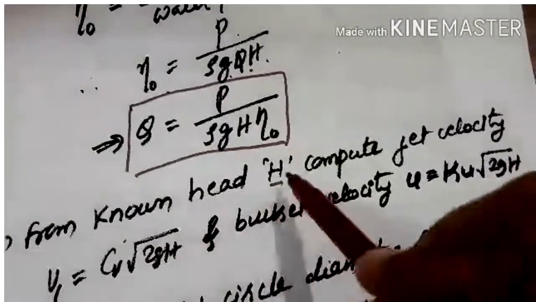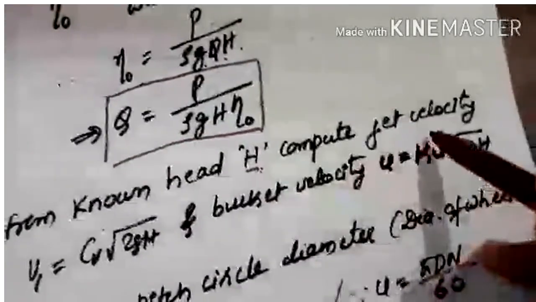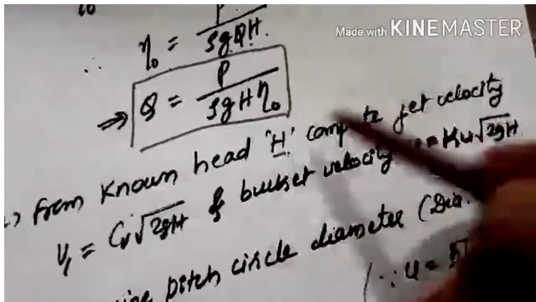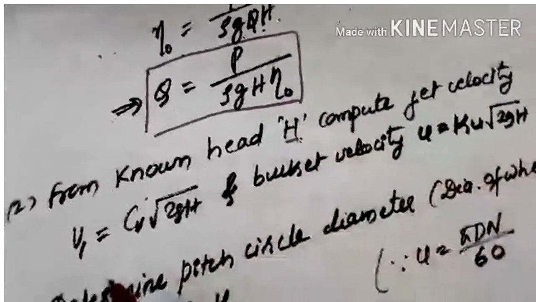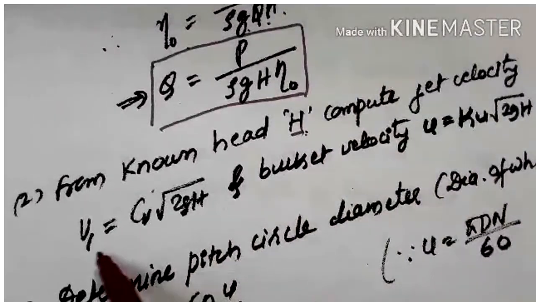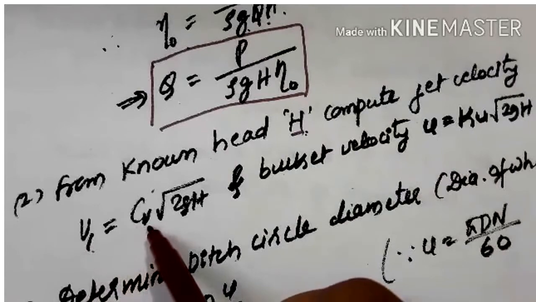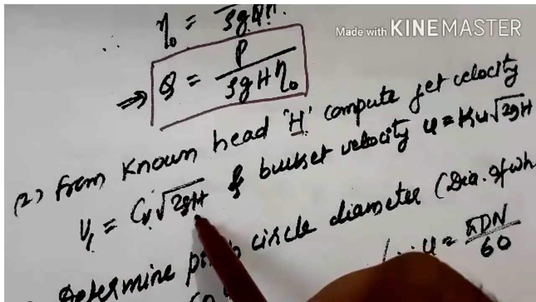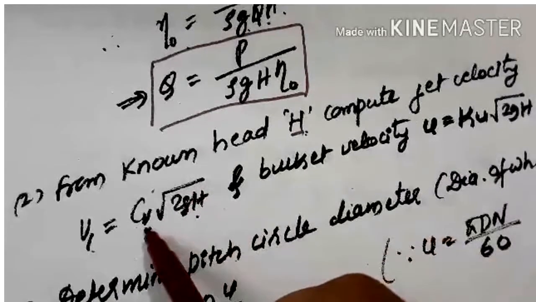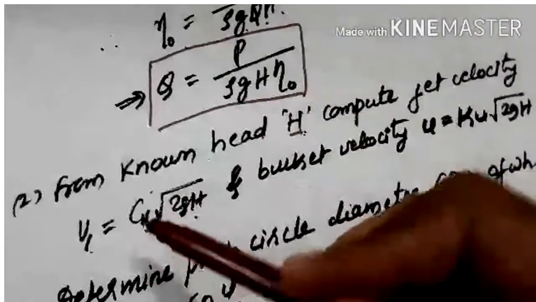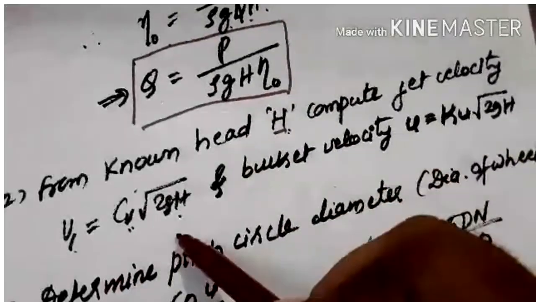Then from the known head H, compute the jet velocity. As we know the formula for the actual velocity, V equals Cv into root of 2gH. Since H is given here and Cv will be given, if not given, Cv is to be assumed between 0.97 to 0.99.